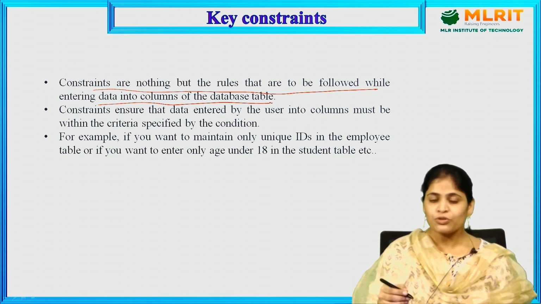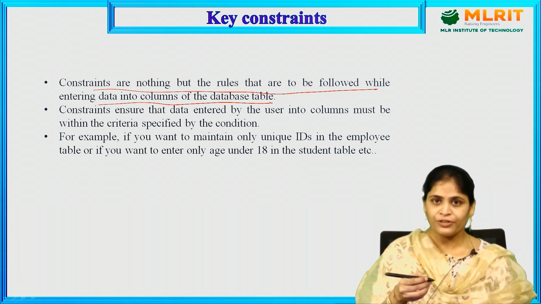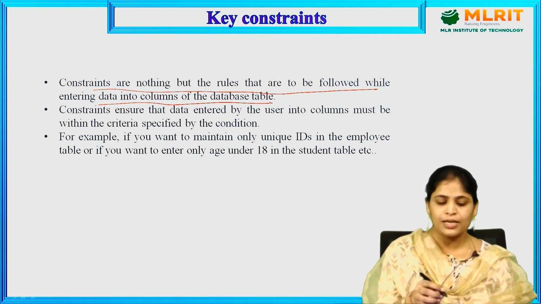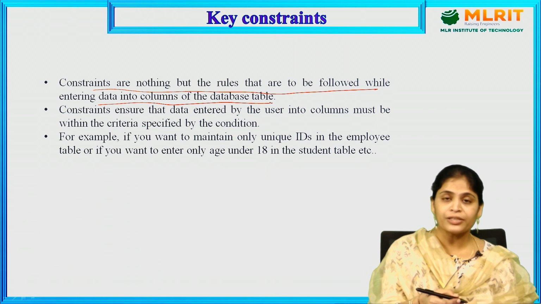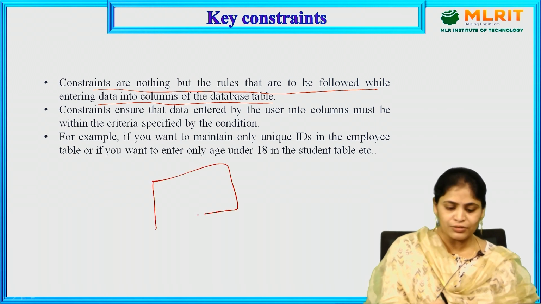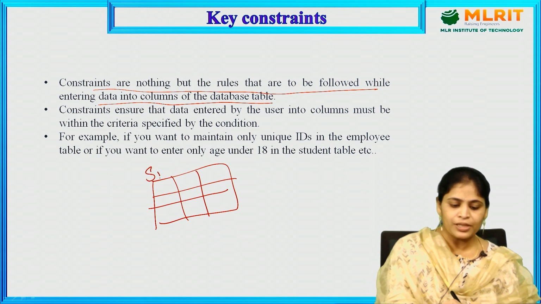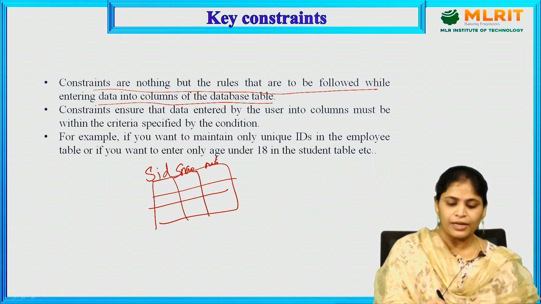Here I am dealing with the entry of data in the form of tables, that means I enter the data in rows and columns. For example, student ID, student name and mobile number.